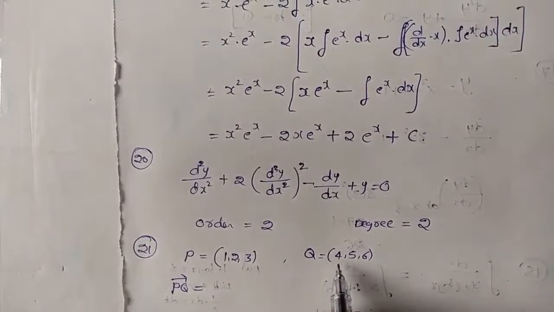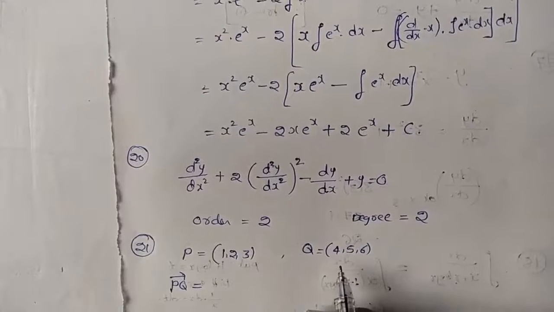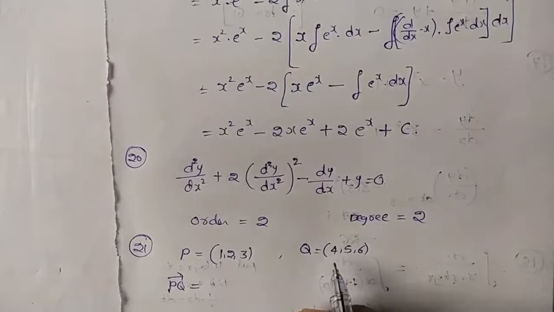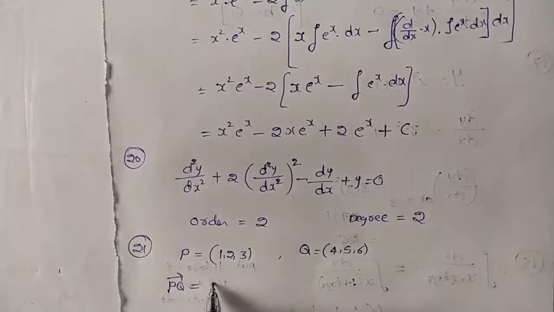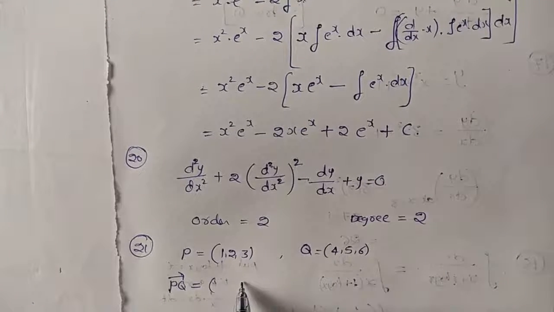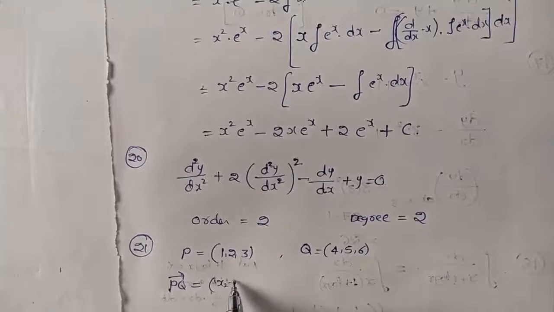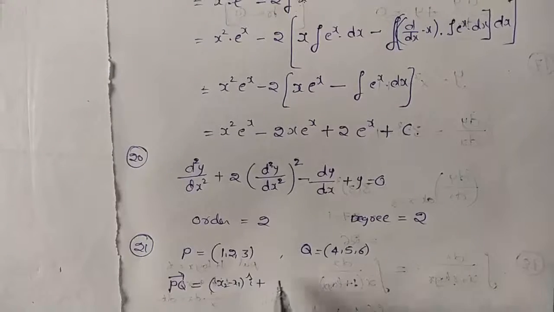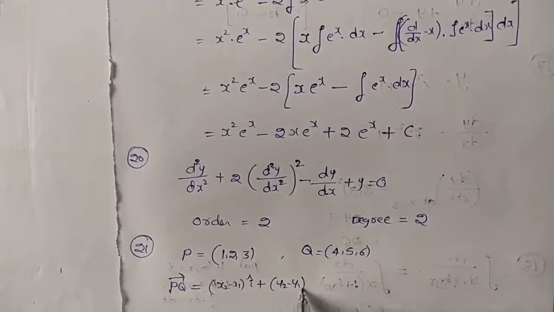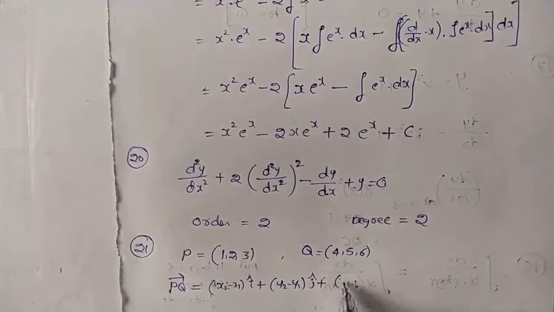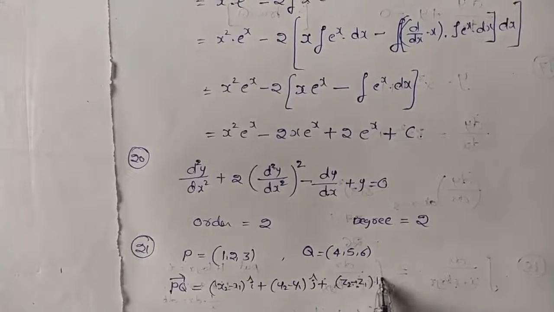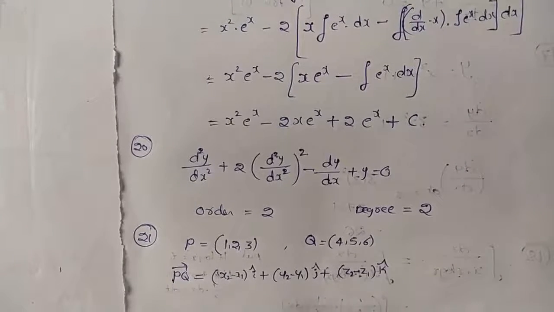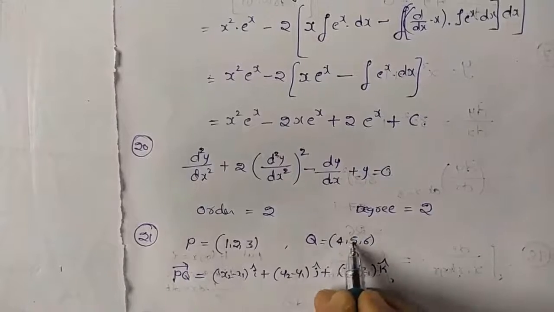You just remember the formula: x2 minus x1 into i plus y2 minus y1 into j plus z2 minus z1 into k. Here x1 y1 z1 and x2 y2 z2.